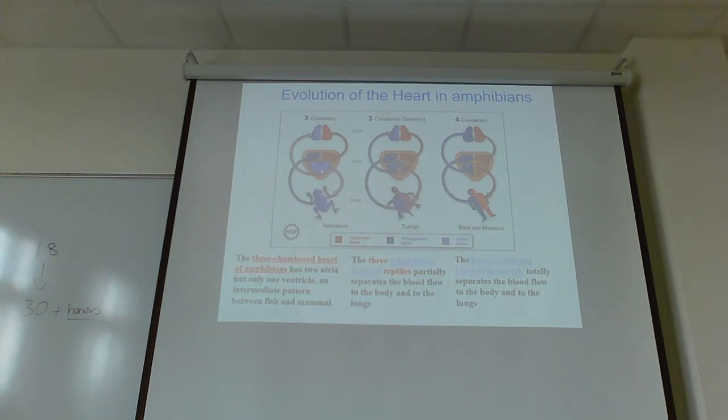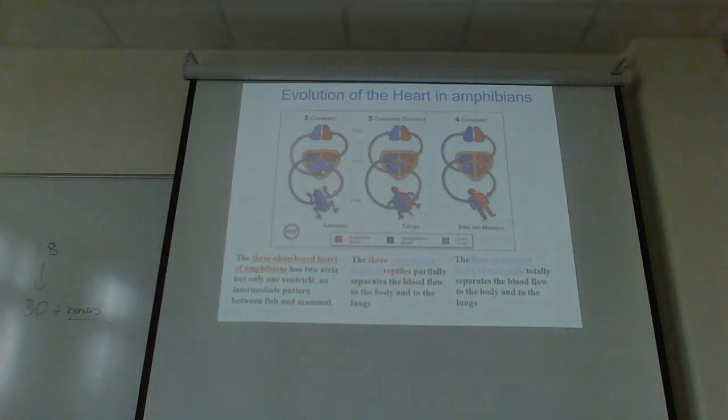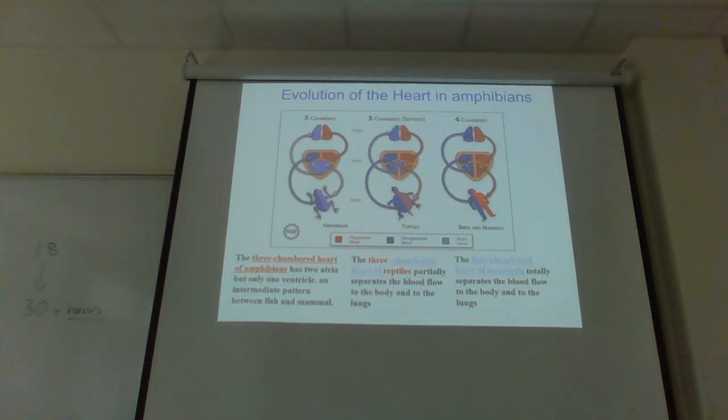So this is a three-chambered heart with two chambers on the top and one on the bottom. What's happening in this heart? There is some sort of separation there, the beginning of a double circulation. But what's happening? What do you think this purple colored blood means?